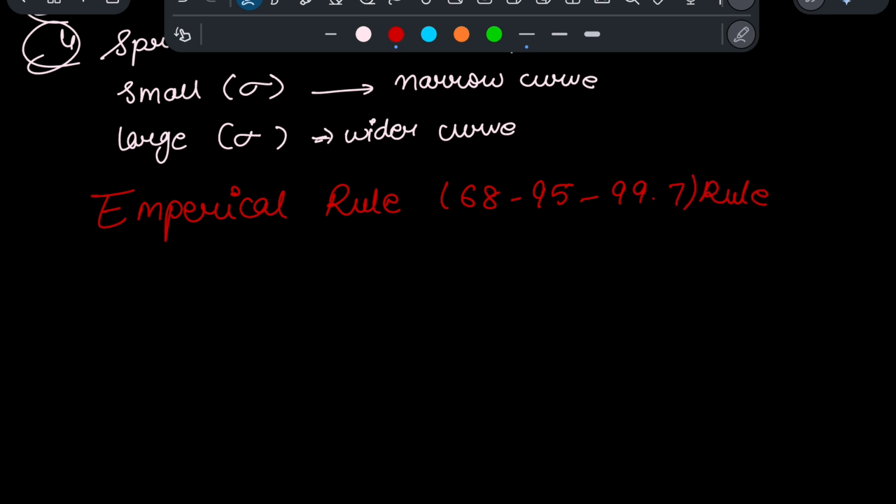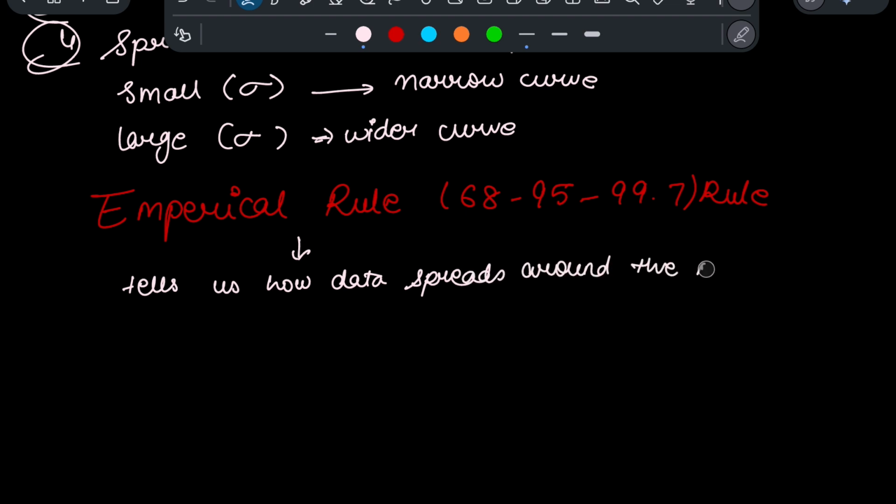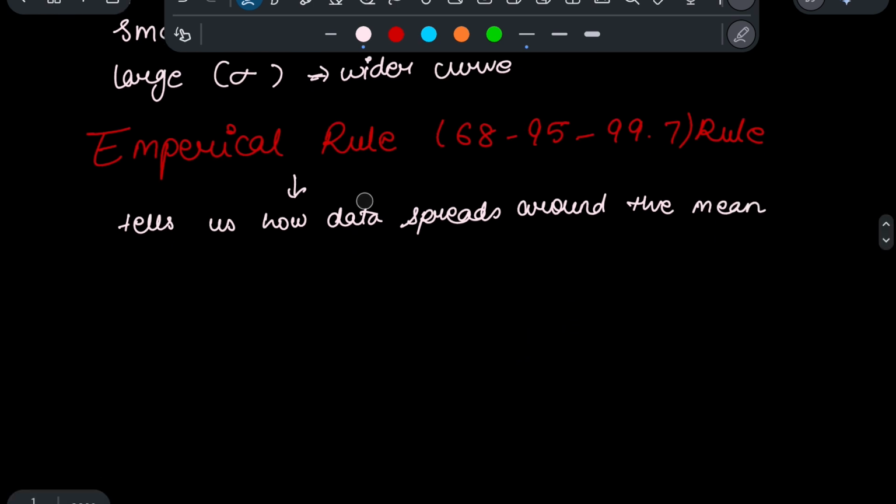The empirical rule tells us how data spreads around the mean. The rule says that 68% of the values lie within one standard deviation of the mean.